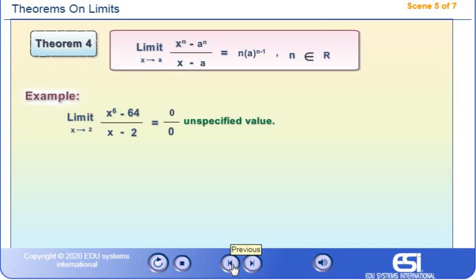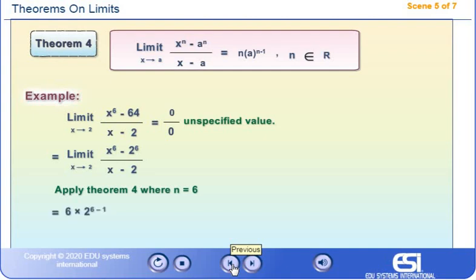In the numerator, as x has the power 6, we convert 64 to 2 power 6. Apply theorem 4, where n equals 6. The answer equals 6 times 2 power 6 minus 1 equals 6 times 2 power 5.